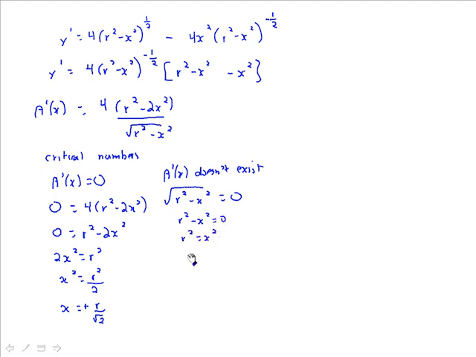So you take the root, r will be equal to x, or negative r will be equal to negative x, but again outside the domain. In either case, it's either going to be negative, which is outside the domain, or it's going to be positive, which is outside the domain, because x must be less than r. So the only critical number is r over root 2.